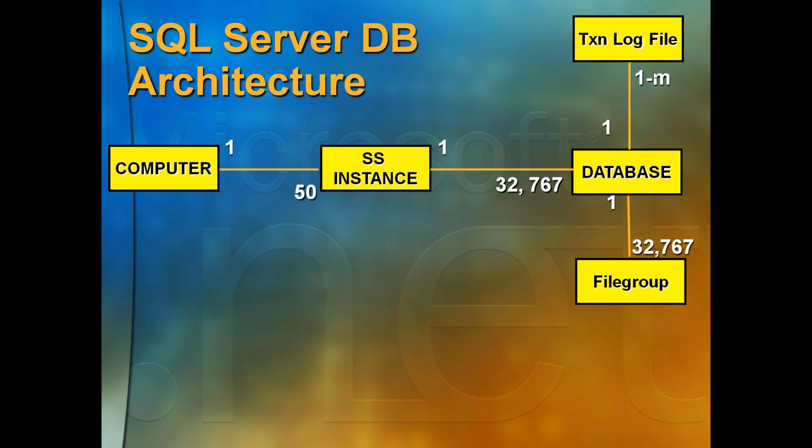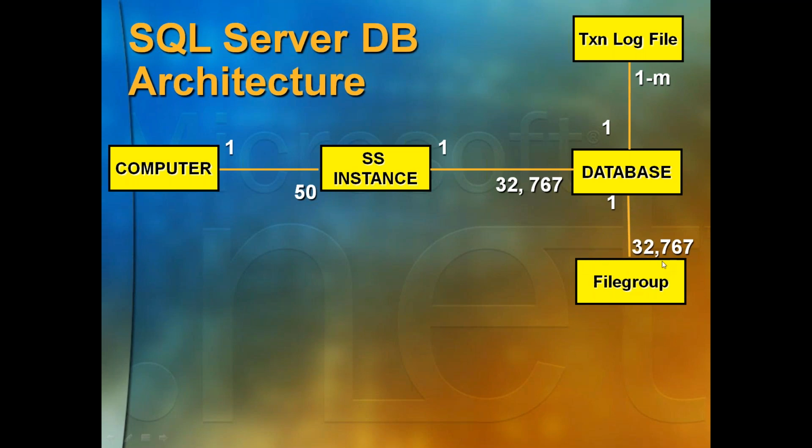So here there is no maximum limit for log files: minimum is one, maximum is unlimited. For file groups, minimum is one, maximum is 32,767 only. Clear?